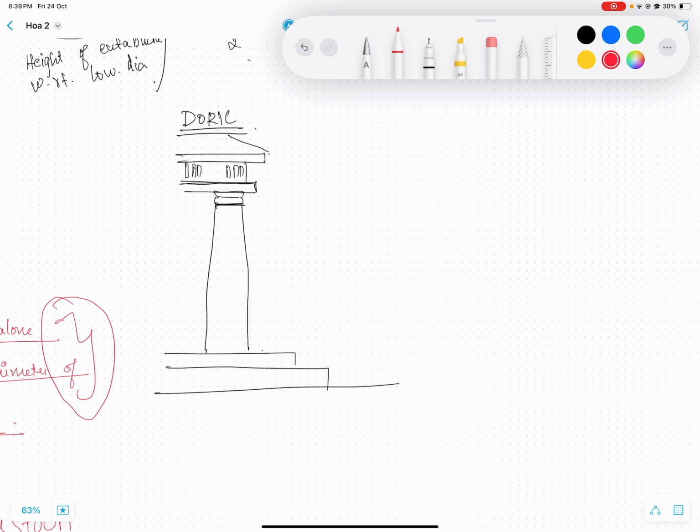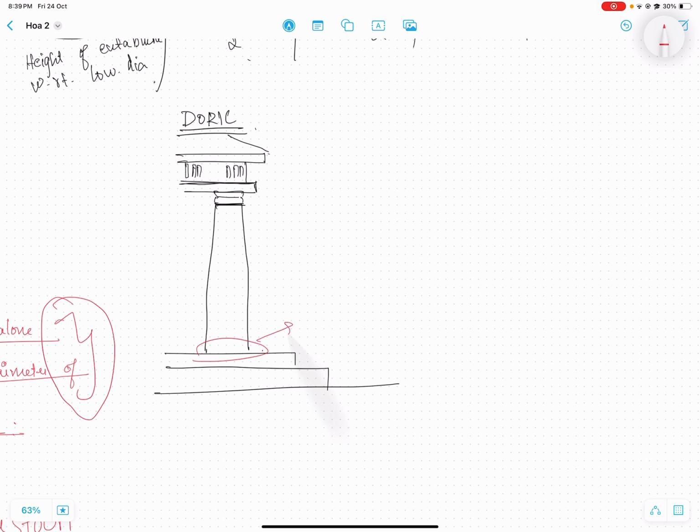So, the important thing to remember about the Doric column is it has no base. It straight away starts from the stereobate. Oh no, sorry, this is the stylobate, and this is the stereobate.